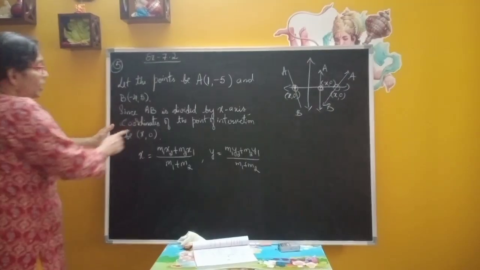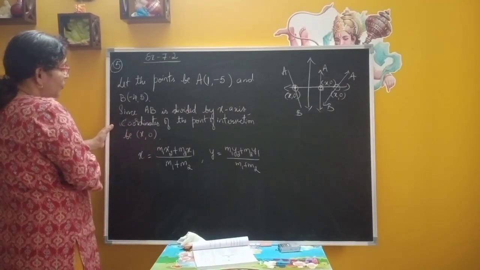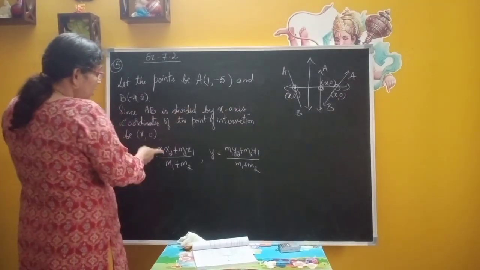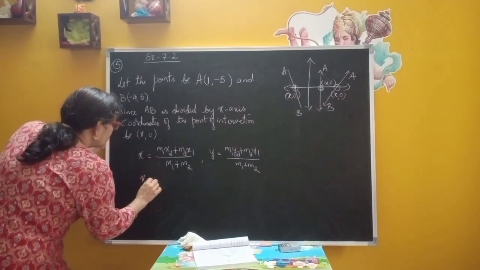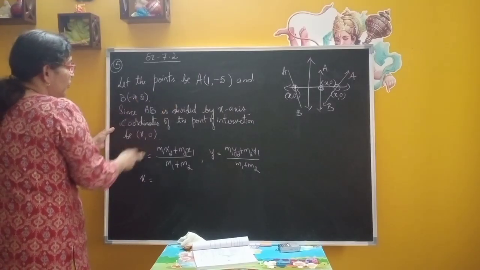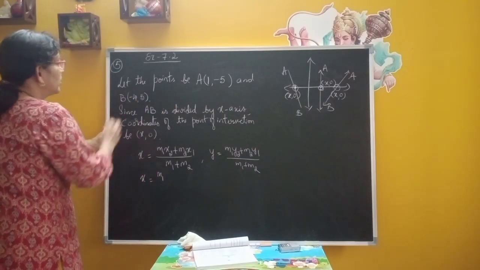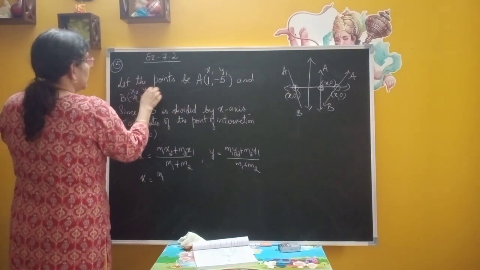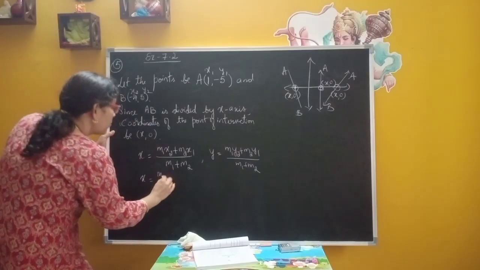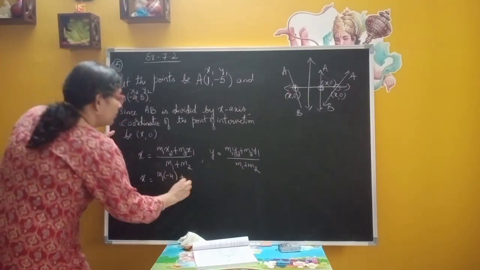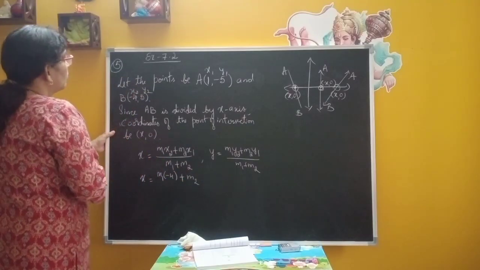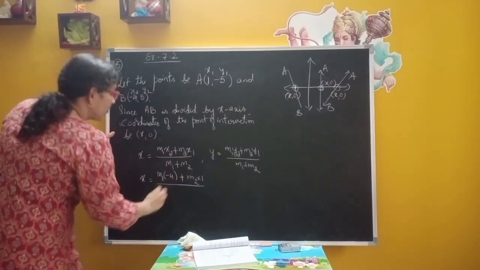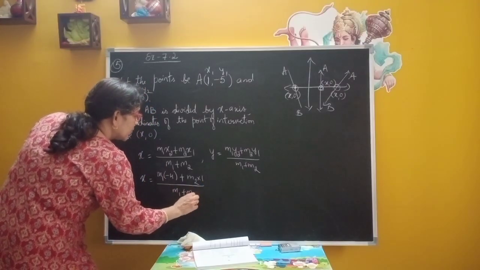Let us substitute these values. x is equal to m1 x2 plus m2 x1. This is (x1, y1) and this is (x2, y2). So m1 into minus 4 plus m2 into 1, that is m2, divided by m1 plus m2.